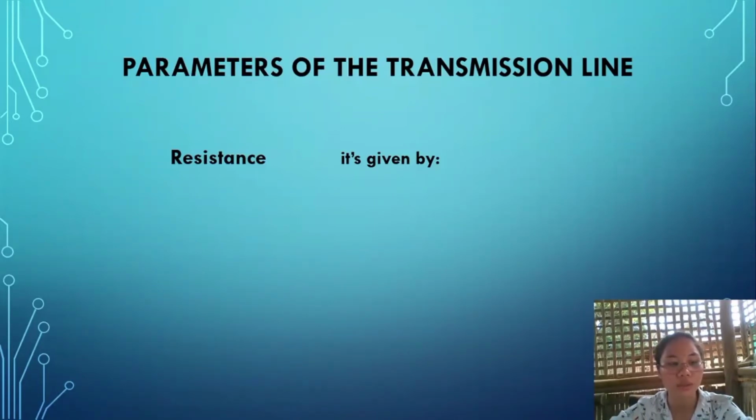So as we have already discussed, these are distributed parameter networks, that means its parameters are distributed uniformly along the entire length. And also resistance, it is represented by R, and its unit is ohms per unit length of the conductor.